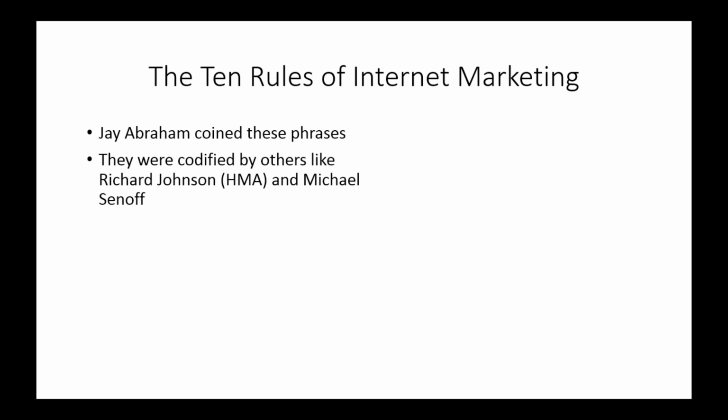They're probably more original to Jay Abraham, who kind of coined these phrases, and then the person who really organized them and put them into a system that was understandable was a gentleman named Richard Johnson, and he did a course and a system called the Hidden Marketing Assets system, and that system is really Jay Abraham's overview on marketing, where he really captured everything that a small business could possibly be doing to get the word out about their product and whatever it is that they're offering.